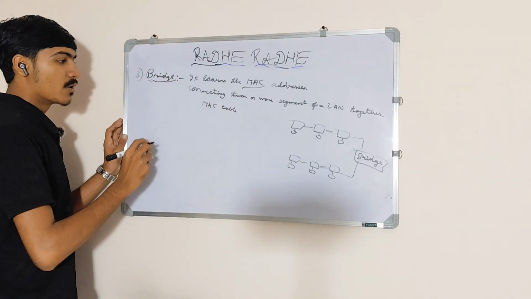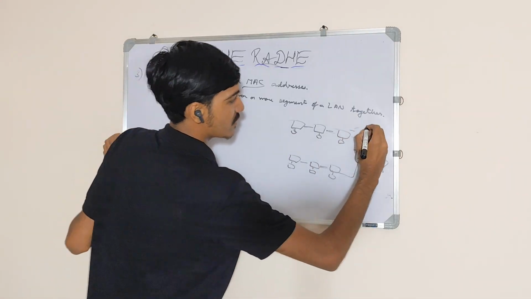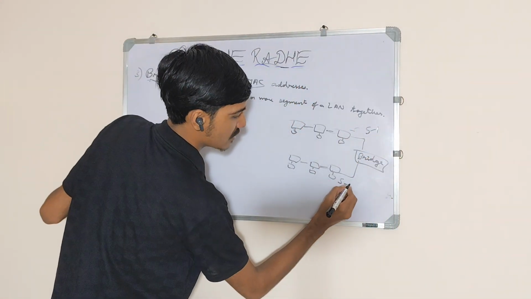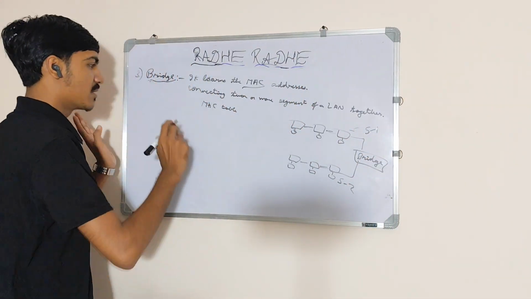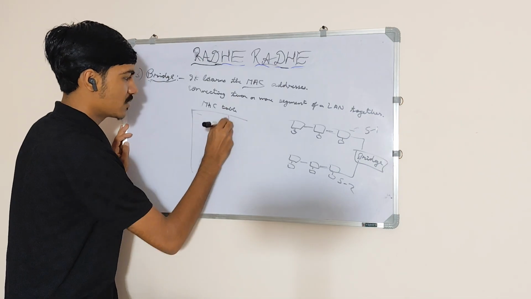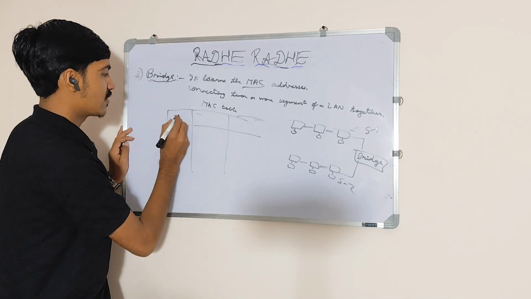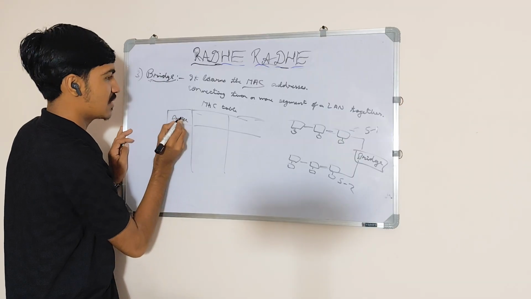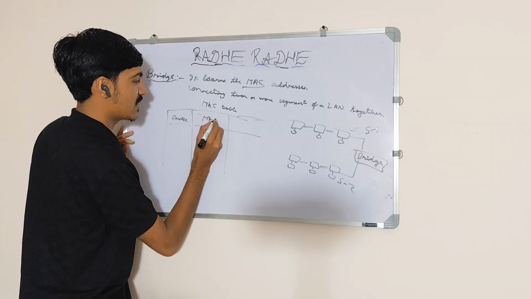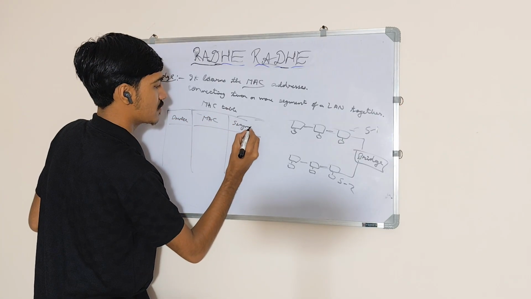a MAC to segment table. Let's assume this is segment 1, this is segment 2. It will create this table of device, MAC and segment.